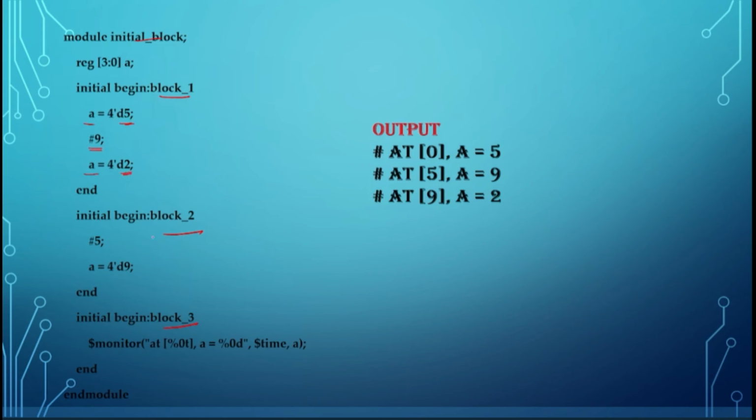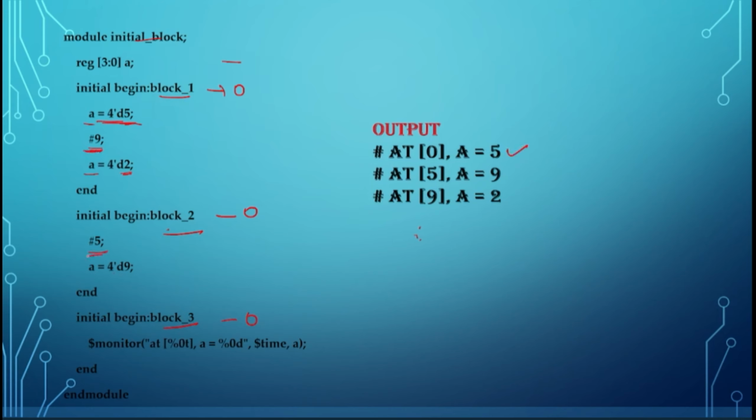This is my first initial block, and this is my second initial block, and this is my third initial block. Now every initial block will be starting at time 0 only. So what happens is, this particular block at 0, 0, 0. Now what happens here, at 0 first A is 5 will be initiated, and then what happens here, this is 9.